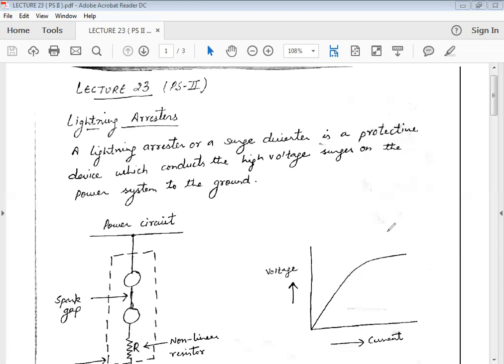In both schemes, we have to keep the tower footing resistance as low as possible, so that minimum resistance is offered to the excessive flow of current due to a lightning stroke. So footing resistance is of great importance in ground wires as well as the earthing screen.